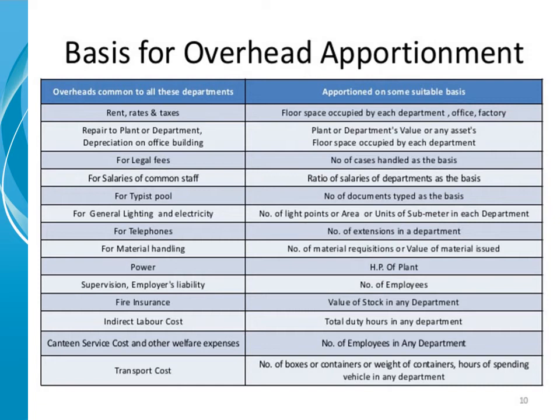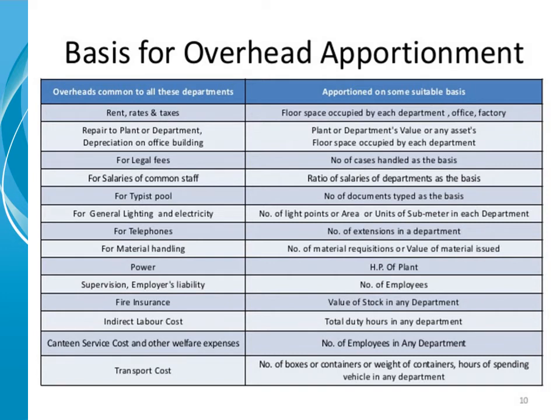Salaries of the common staff, ratio of salaries on the basis of departments on which the workers are there, or the number of people who are working, you have to calculate. General lighting and electricity, again, number of light points is the basis. Telephone, number of extensions in the department. Material handling, number of material requisitions. Power, HP of plant.